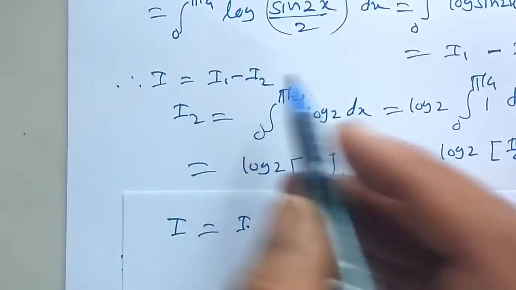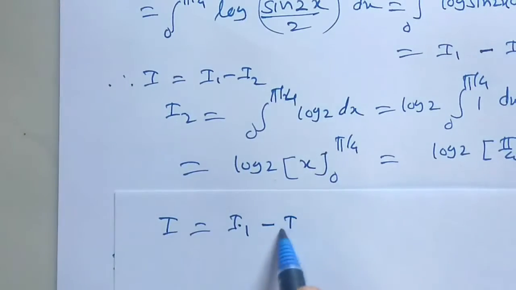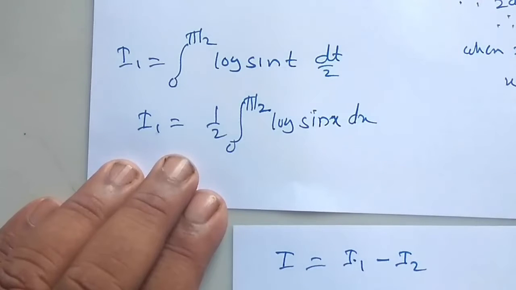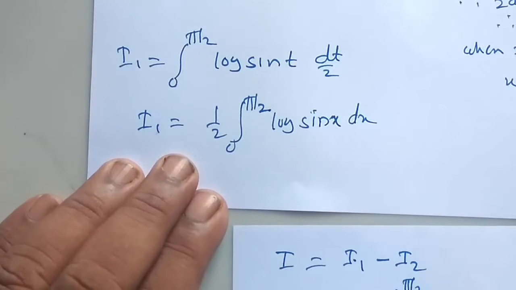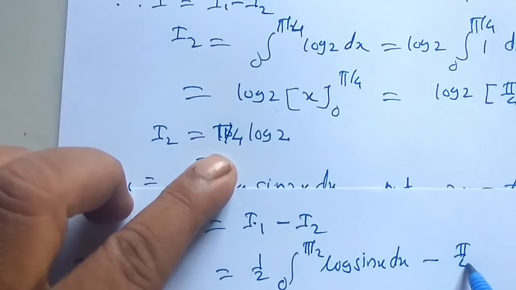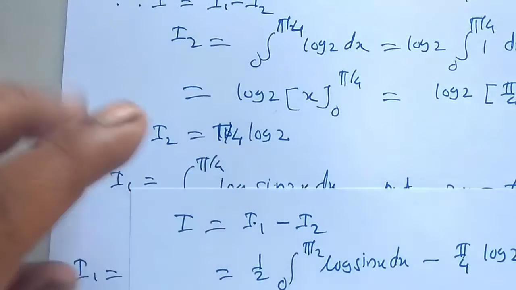Therefore I is equal to I1 minus I2. I1 is equal to 1 half integration 0 to pi by 2 log of sin x dx, minus I2, which is pi by 4 into log of 2.